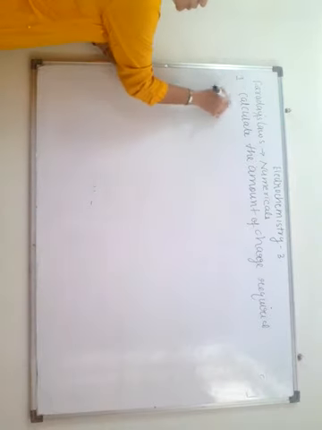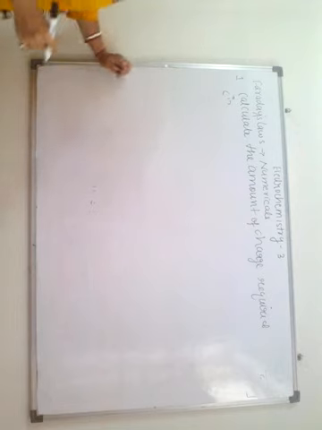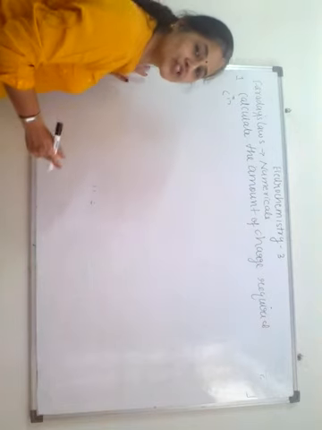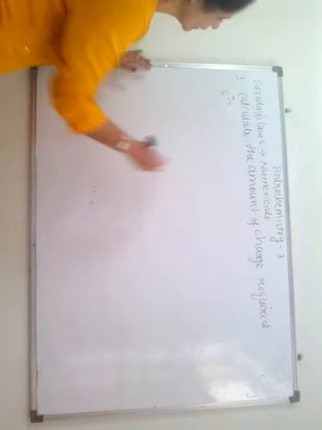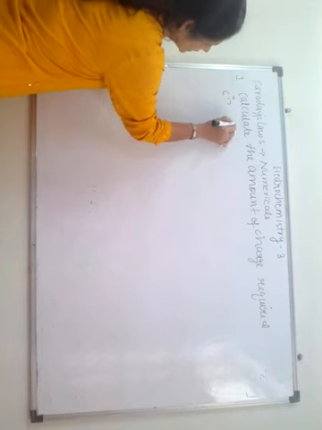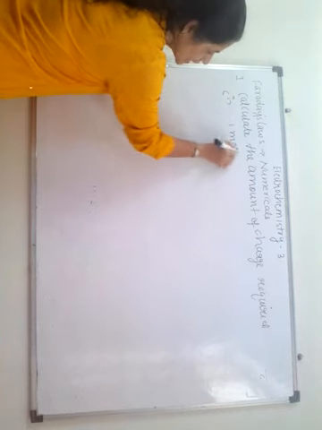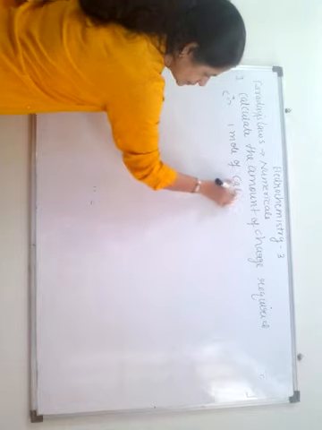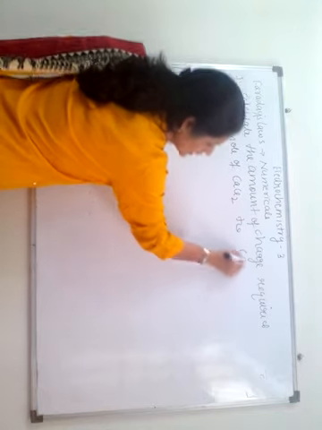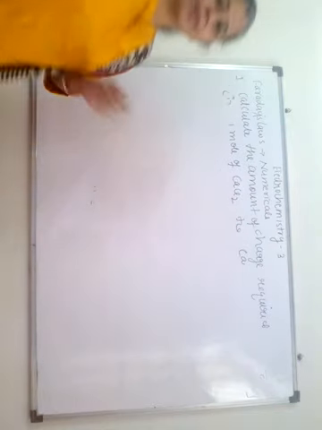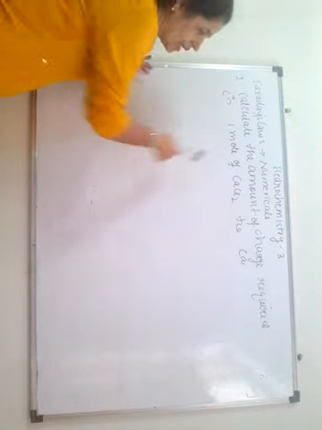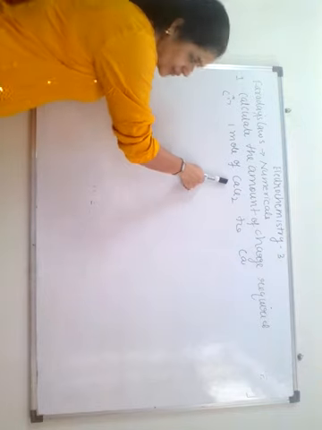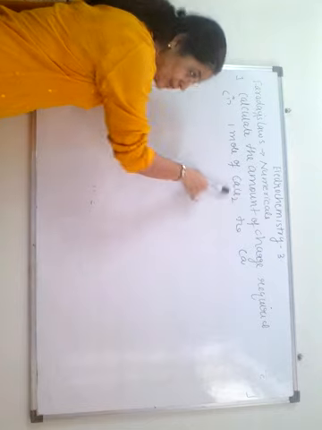First part, let us assume you are asked, calculate the amount of charge required to convert 1 mole of calcium chloride to calcium. Now see children, in calcium chloride, we are not concerned with the chloride here.